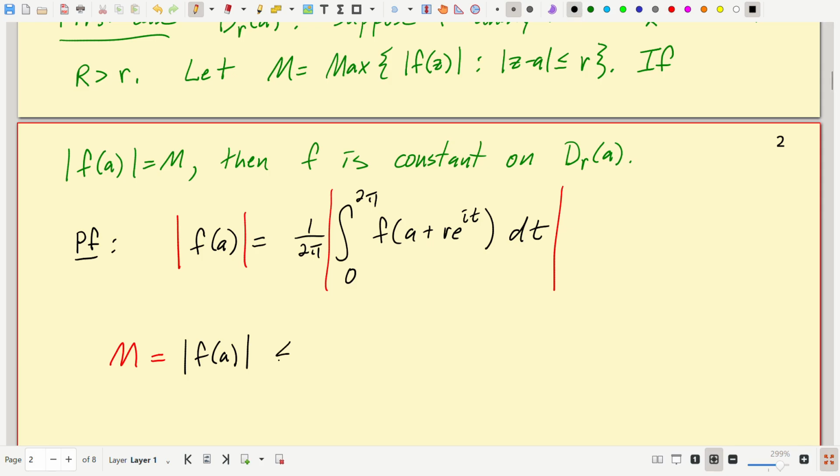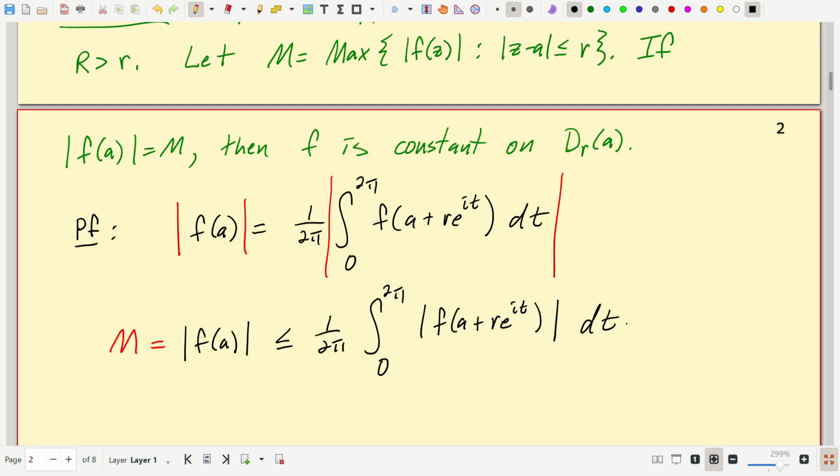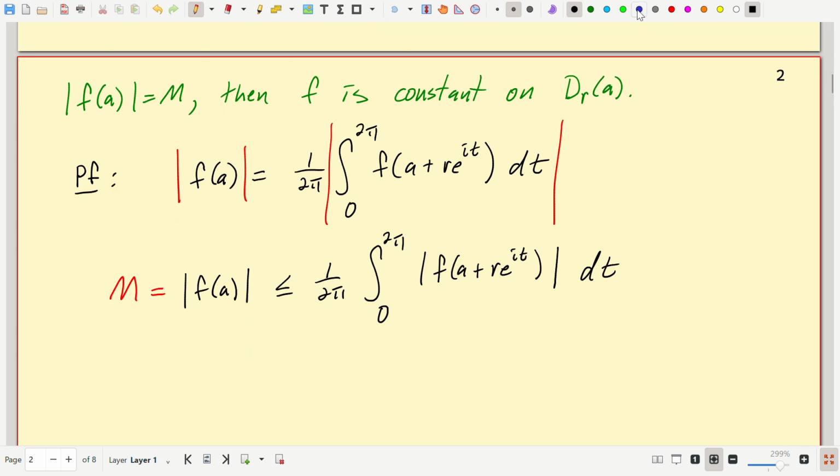That would be less than or equal to 1 over 2 pi times the integral from 0 to 2 pi of the modulus. This is the basic estimate for integrals, the easy one in the simpler case of a complex function of a real variable. And this is the h of t in my calculus lemma.